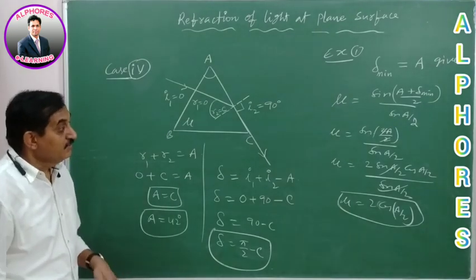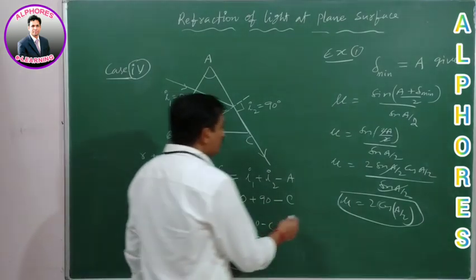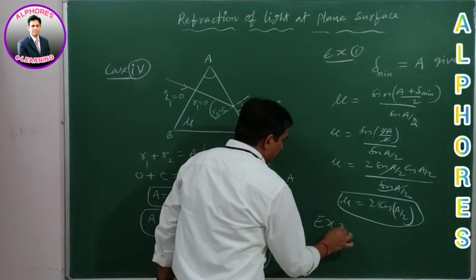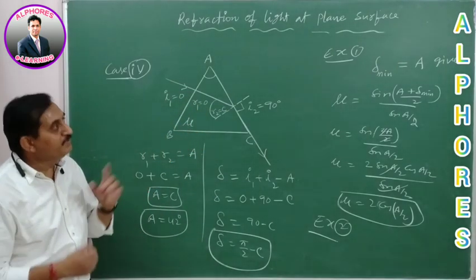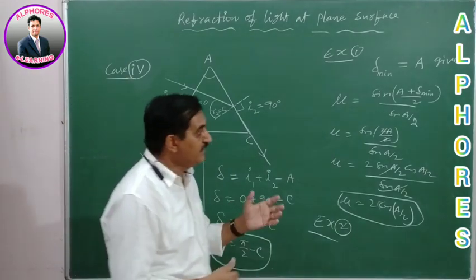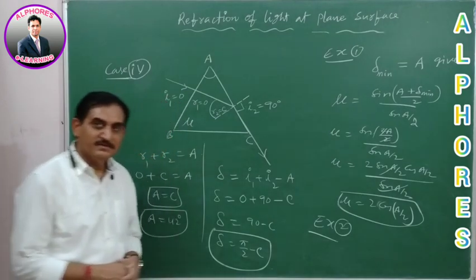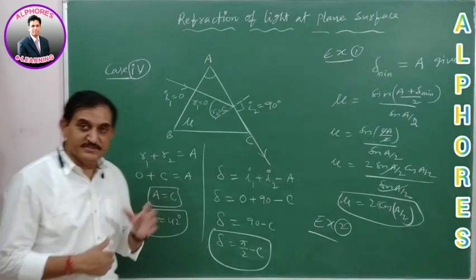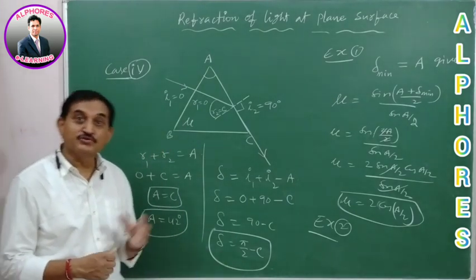Next, we can also develop one more question from this. Example 2: whenever the angle of minimum deviation is equal to the refracting angle of the prism, what will be the angle of prism if the refractive index is root 2?